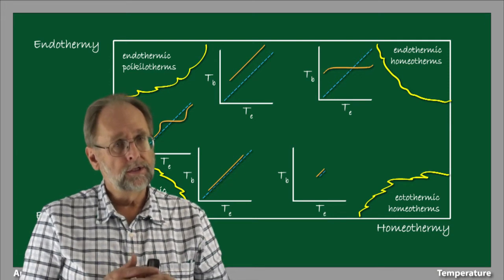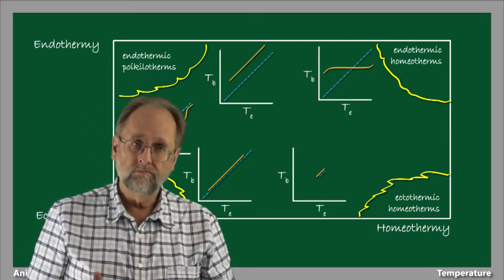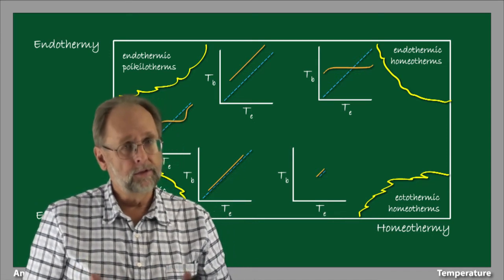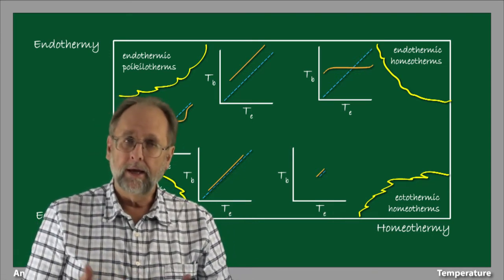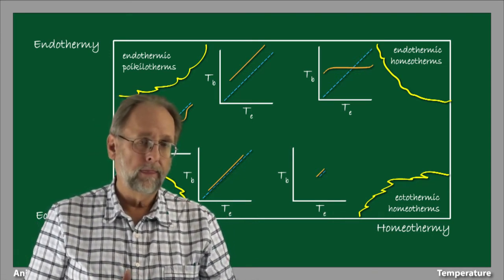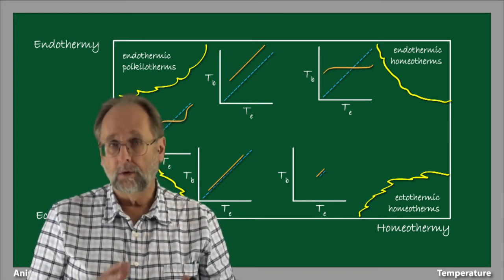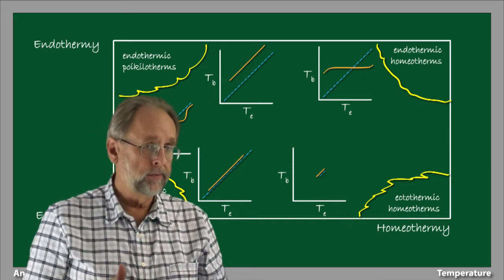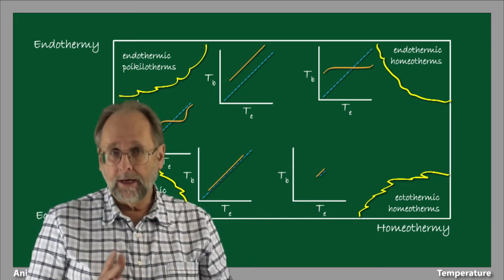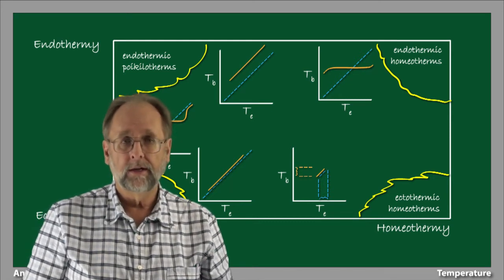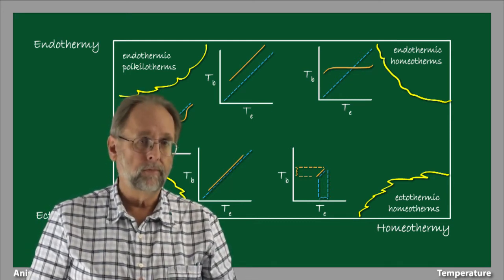This can include such habitats as deep oceans, underground habitats where temperatures are damped by high thermal capacities of the soil, and environments like this. In this circumstance, an animal that is ectothermic will assume the temperature of its environment all right, but because the range of variation of environmental temperature is so small, they are effectively homeotherms.